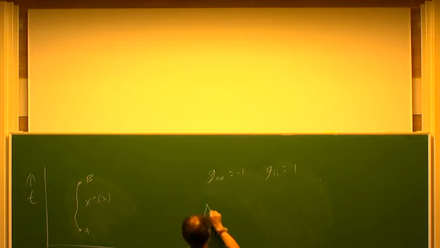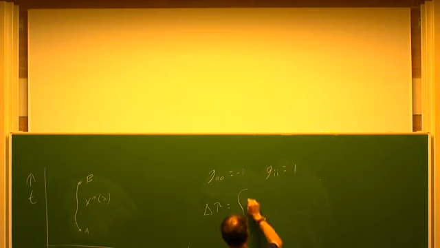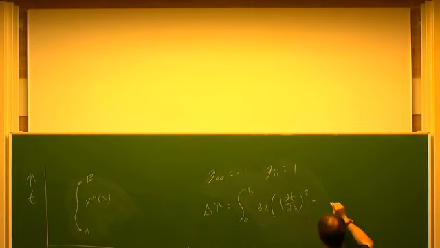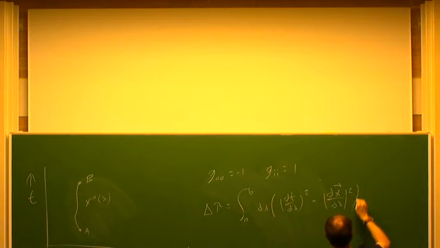And so then this formula becomes that delta tau is equal to the integral from a to b d lambda of the square root of (dt by d lambda) squared minus (dx by d lambda) squared, to the 1/2.